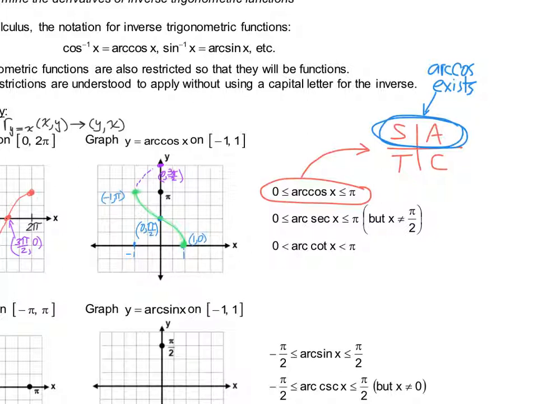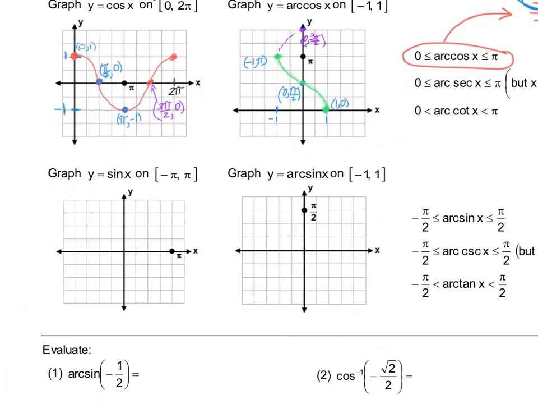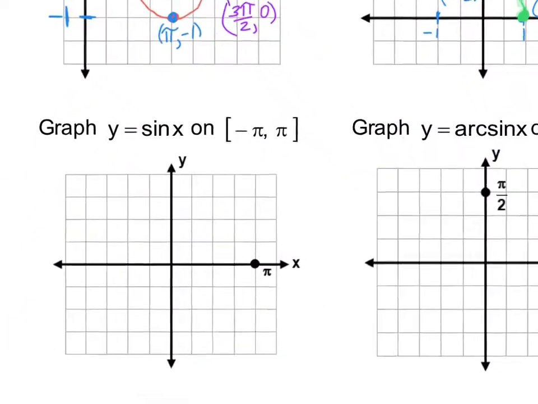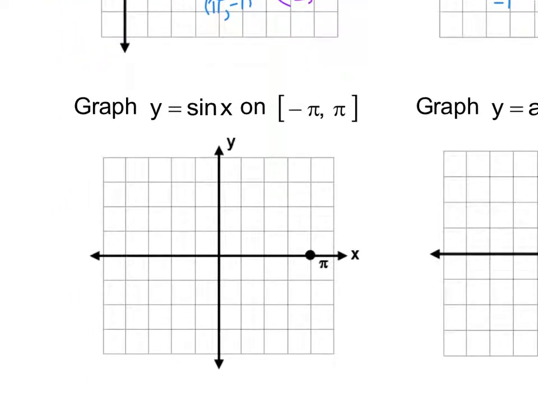But the structure is similar to sine, where we start off with the original sine function. This time we're doing it from negative pi to pi. So I establish my scale here. Sine wave starts off at the midline, increases to the maximum.